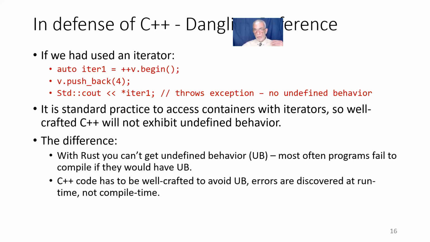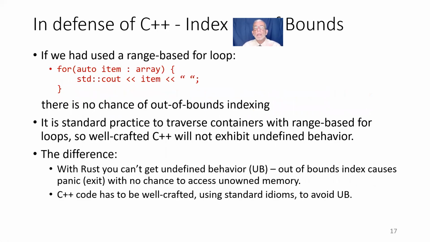It doesn't give me a value, but that's the good thing, because I don't own that memory, so it shouldn't give me a value. It throws an exception. And the same thing for that loop. If I use a range-based for, I'll never index out of bounds. So C++ by convention has these nice ways of avoiding that undefined behavior.